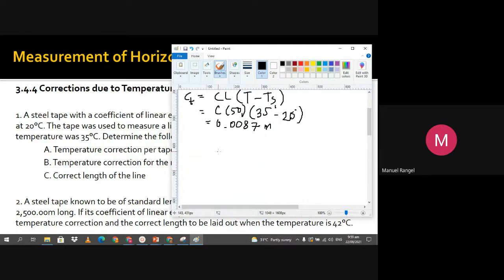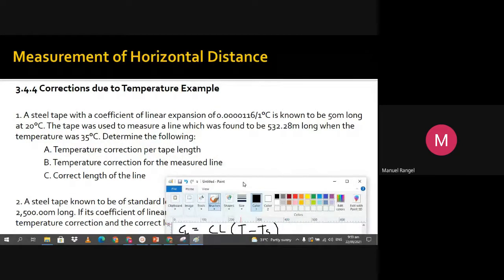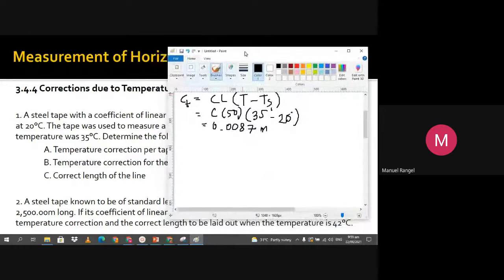And for letter B, temperature correction for the measured line. So karon naman is katong measured line. So same formula gihapon, equal to CL multiplied by T minus TS.